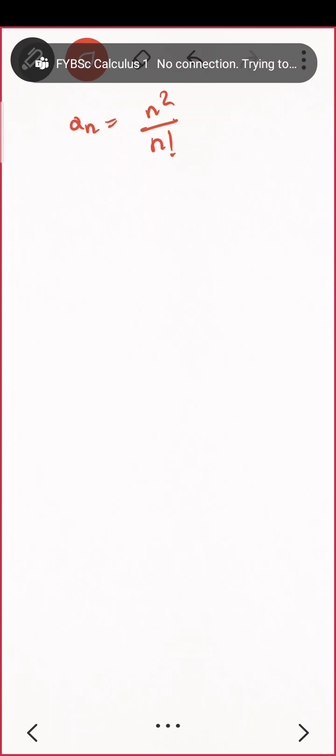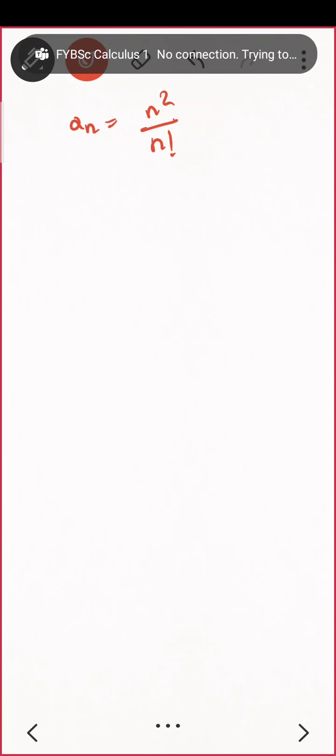One more question. If you take en is equal to n square upon n factorial, what do you think? In the two, who is going faster to infinity?